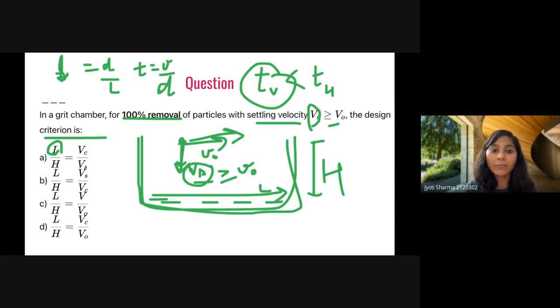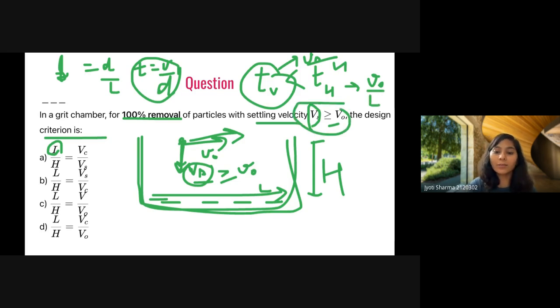Based on that, if you calculate tv, then tv will be h upon vs, the settling velocity, and the time th will be l upon v naught, and this situation is given. Based on that, you can tell which one is the right one. So the right one will be option D, right? Is there any problem with this? So option D is the right one.